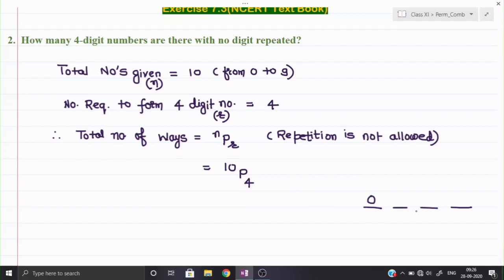But the 0 can come at the first place also, at the 1000th place, and if the 0 comes at the 1000th place, the number will not remain a 4-digit number. For example, 0, 1, 4, and here it is coming 5. So it will be a 3-digit number.